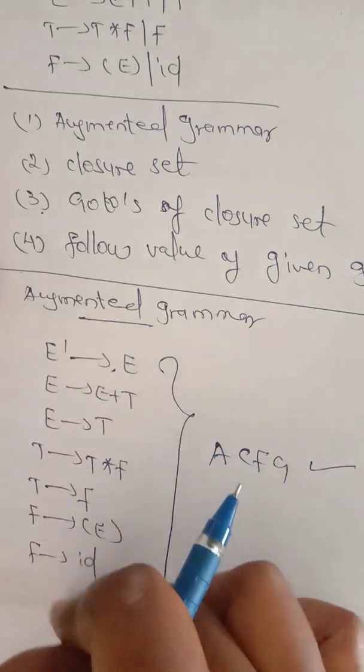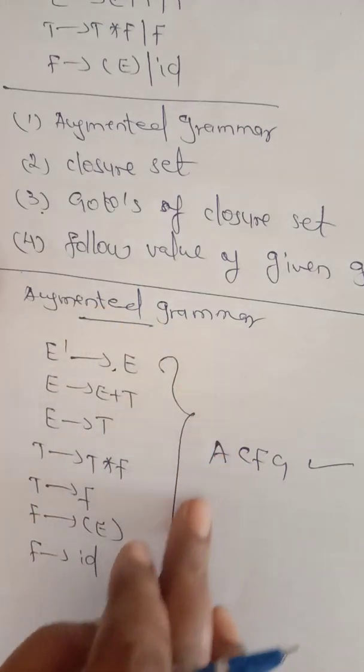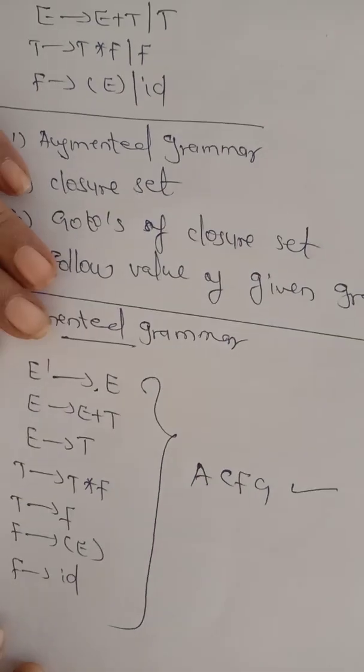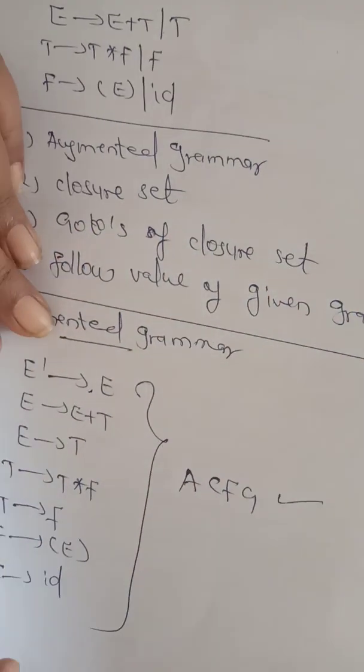That set is called the initial closure set. Using that closure set we find the go-tos.